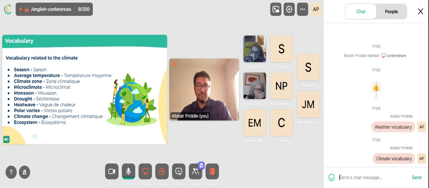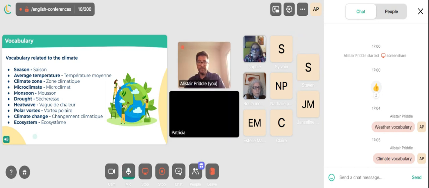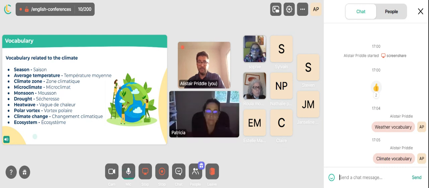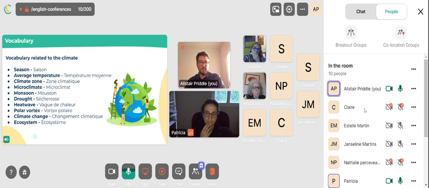Season, average temperature, climate zone, microclimate, monsoon, drought, heat wave, polar vortex, climate change, ecosystem.